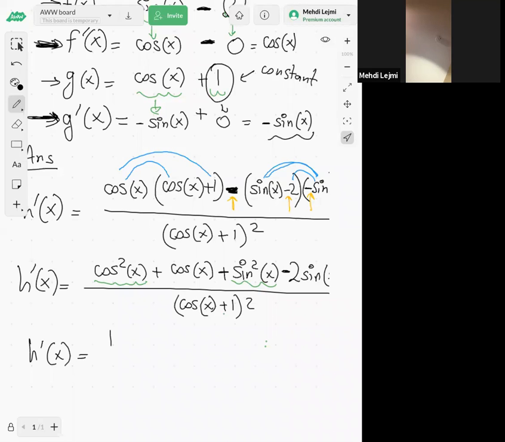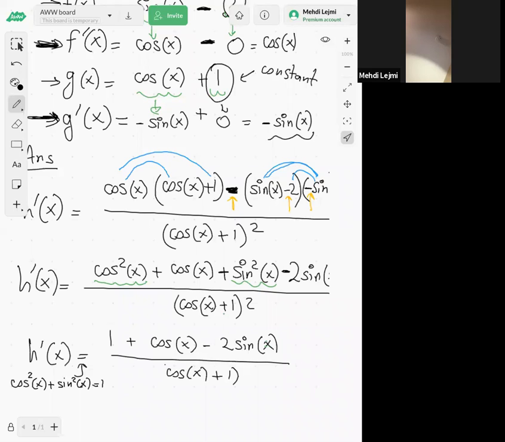And then we have plus cosine of x, and then minus 2 sine of x. Right? So here, again, I'm using the fact that cosine square of x plus sine square of x is equal to 1, right? Over cosine of x plus 1 squared.